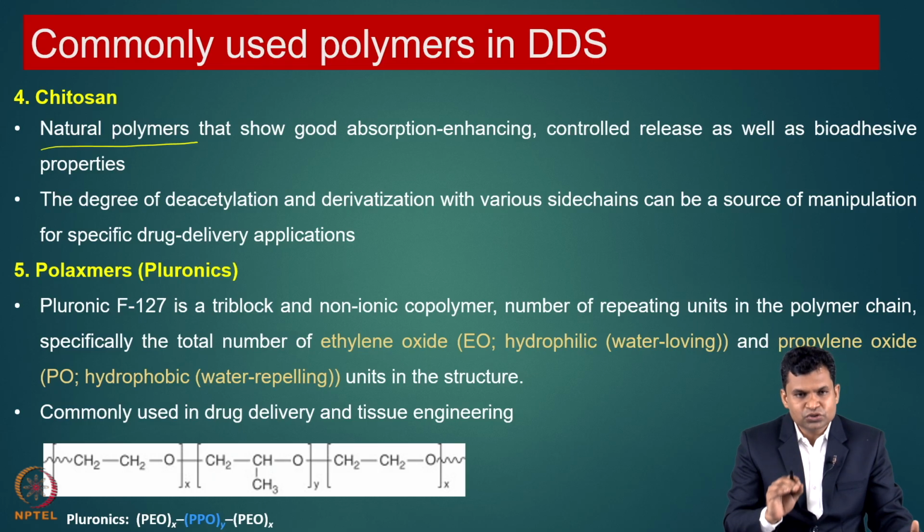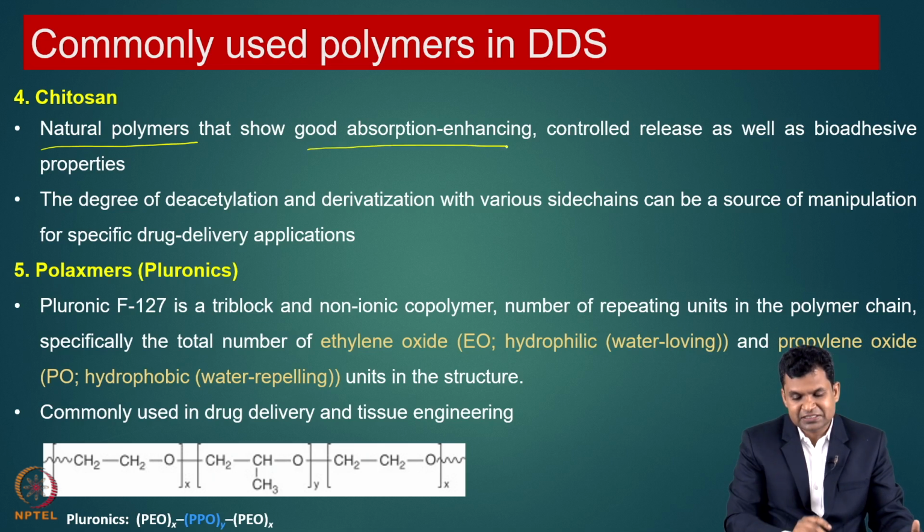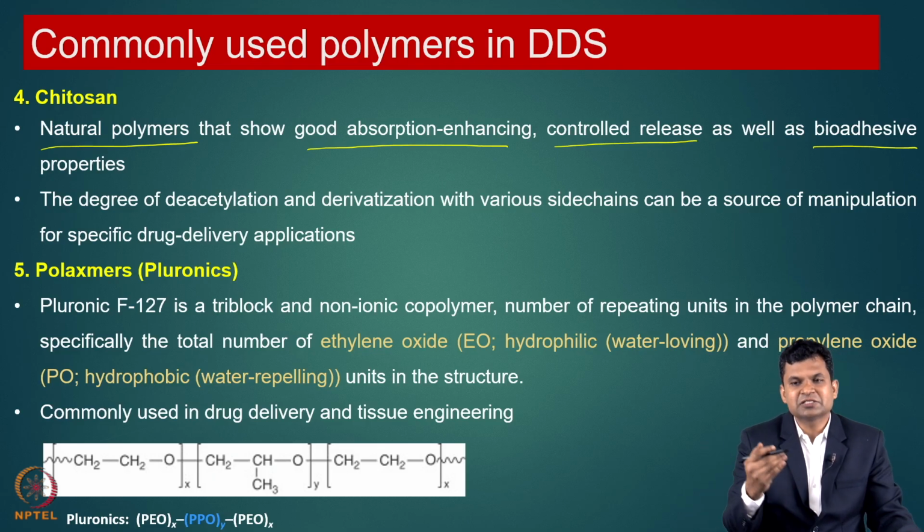This is one of the most used polymers from the natural polymer category, and it shows good absorption enhancement and controlled release, and it helps in bioadhesion with the various mucous systems in the body. So we can use this polymer for controlled release, permeability enhancement, and mucoadhesive applications.